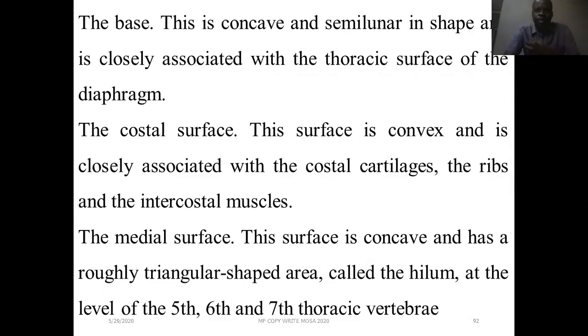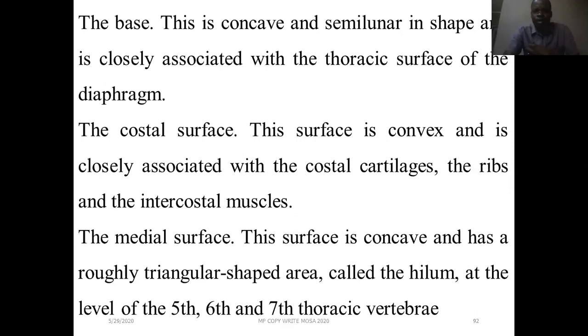Let us look at the base. This is concave and semilunar in shape, and is closely associated with the thoracic surface of the diaphragm. The diaphragm is a dome-shaped structure that consists of muscles, and it's close to the base of the lung.